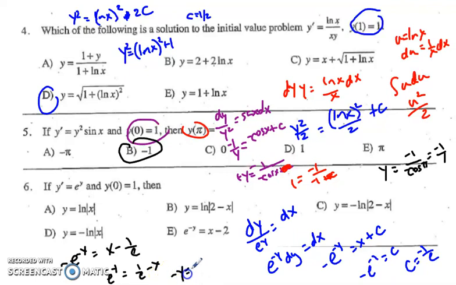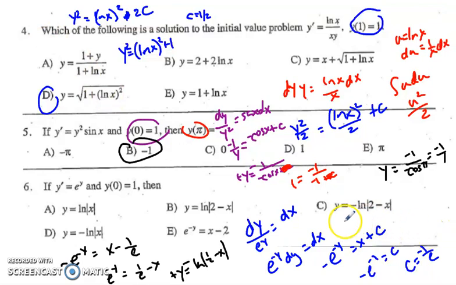I get negative y equals the ln of 1 over e minus x. And then multiply through by a negative. So y equals negative ln of 1/2 minus x. And I'm looking at this and I'm wondering if any of these answers actually works. And I'm not convinced that it does.